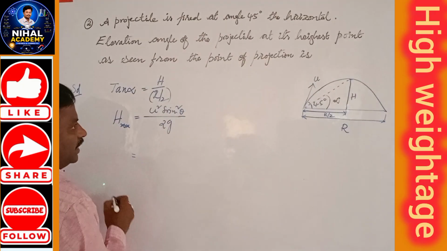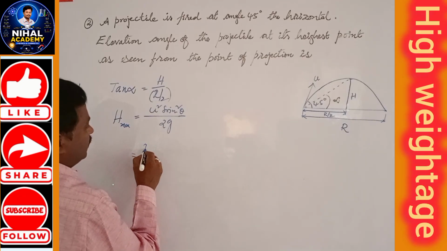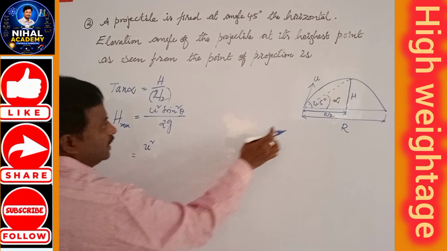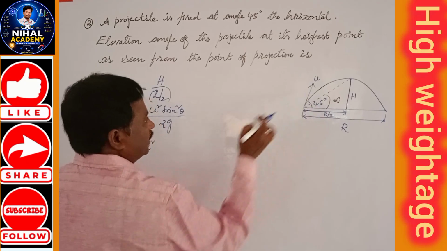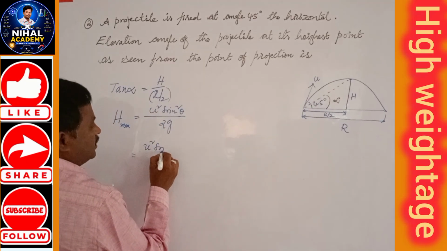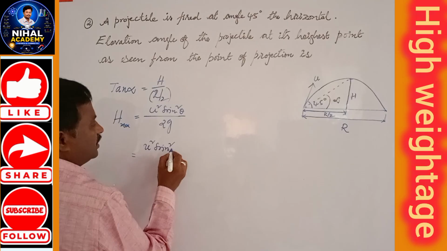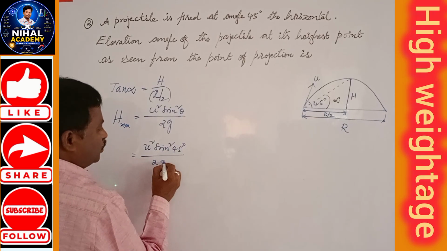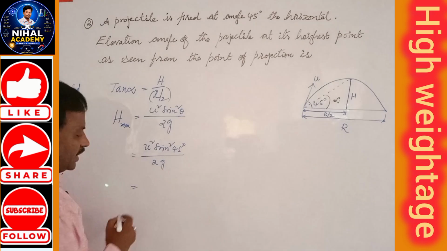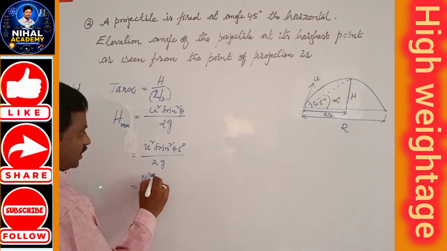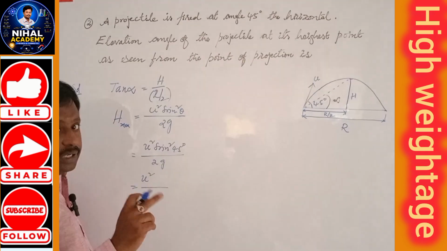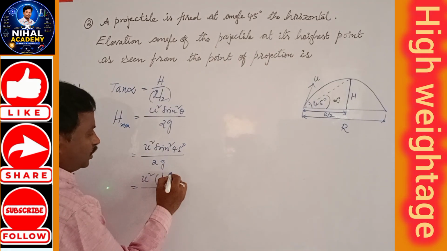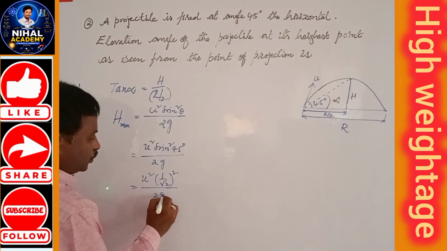So from this we can write u square sine square theta, where theta is equal to 45 degrees, by 2g. So u square sine 45 is 1 by root 2, so 1 by root 2 whole square by 2g.